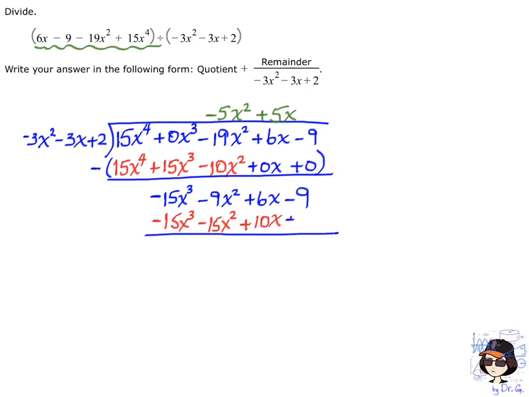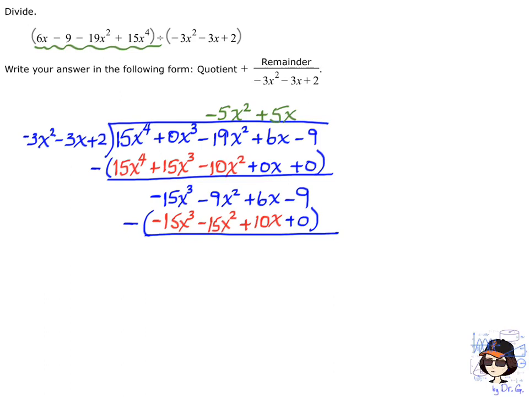Then I add a placeholder, put parentheses and a minus sign, and I subtract term by term. The first term is always 0. Negative 15x to the third minus negative 15x to the third, there's nothing there. Negative 9x squared minus negative 15x squared: I'm taking negative 9 and subtracting a negative 15.